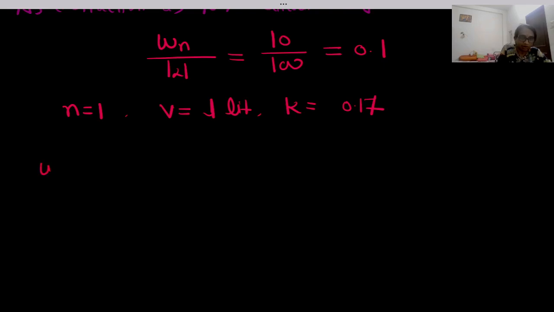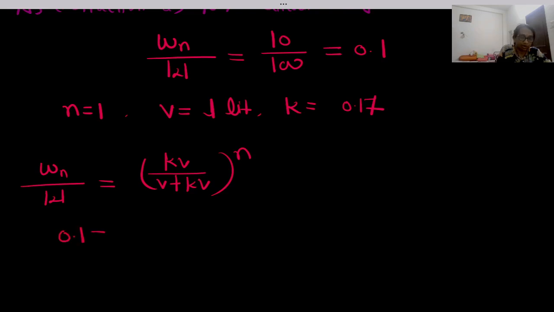What is the general formula? The general formula is Wn upon capital W is equal to (Kv upon V plus Kv) to the power n, right? So now put the values. The ratio of this is equal to 0.1. Now the value of K, the distribution ratio, is 0.17, the volume is 1 liter, and V plus 0.17 into 1.